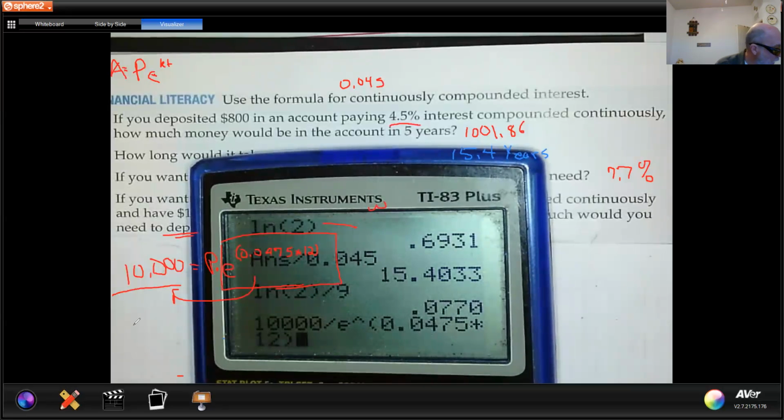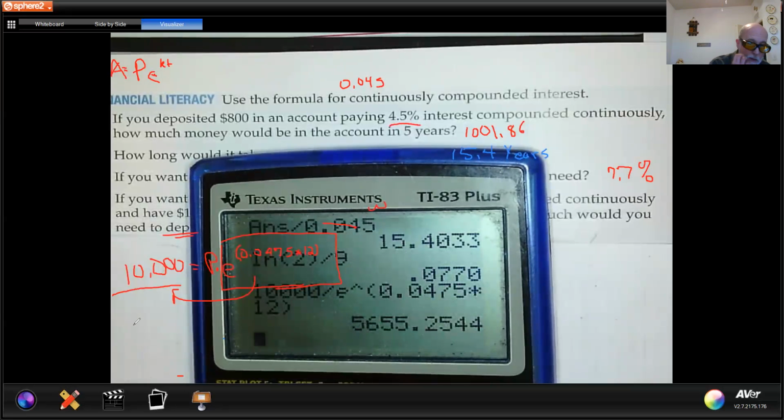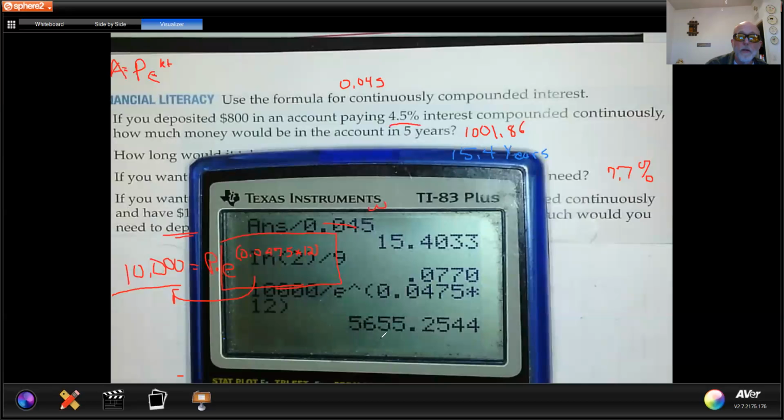So if I do that, this is the question, what amount of money should I put in the bank in order to get $10,000 out in 12 years? Boom. That would be, you need to put $5,655.25, right? Rounded off to money.